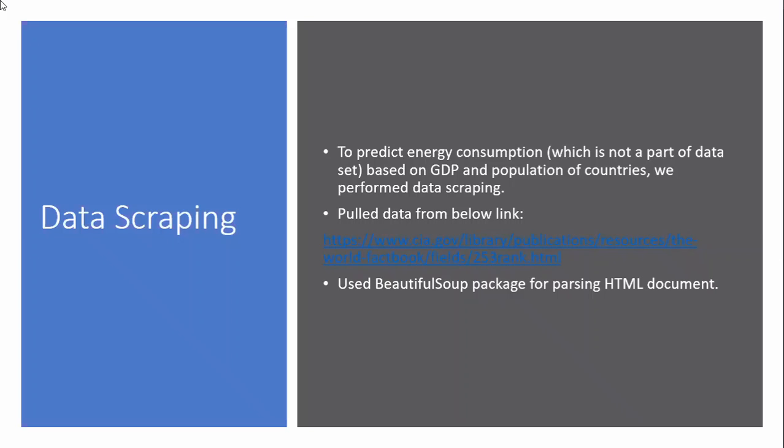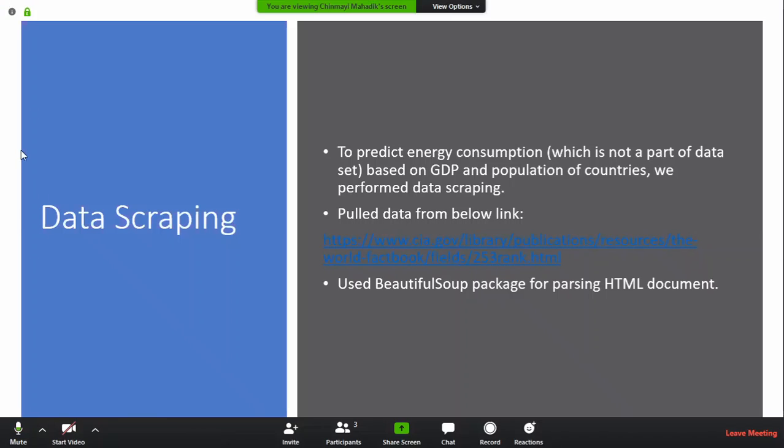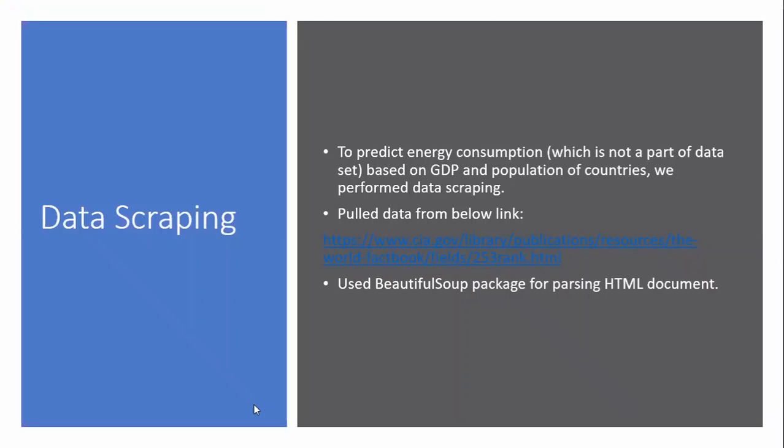We did data scraping using the Beautiful Soup package for parsing the HTML document. Since we knew our main source for the data was the World Factbook from the CIA website, we took the data from there.